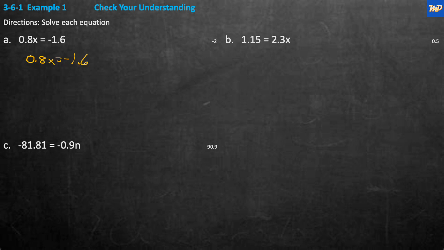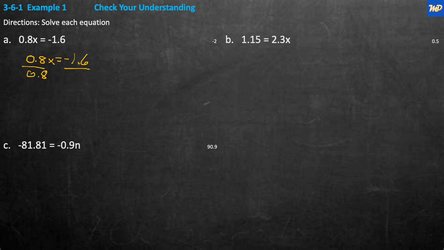And what are we trying to do? We're trying to get the variable by itself. We have to get the coefficient to 1. In order to get the coefficient 0.8 to disappear so that the coefficient is 1, we can divide both sides by 0.8.